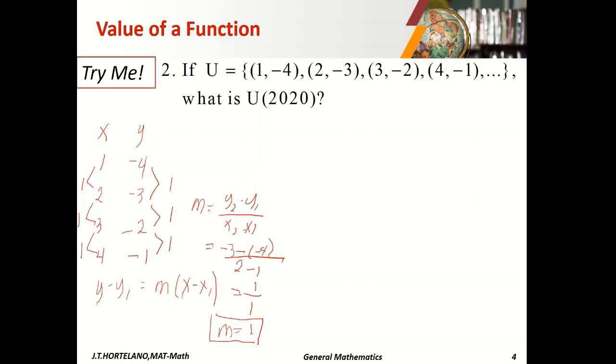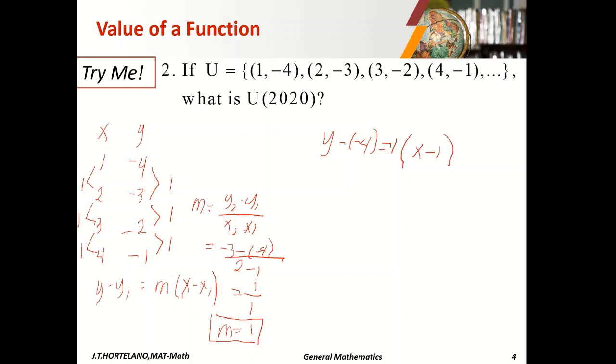Now, for y minus y sub 1, we can pick any point here since we already have the slope. So, y minus y sub 1, let's say I will use 1, -4. This will become y minus -4 is equal to the slope, which is 1, times x minus 1.